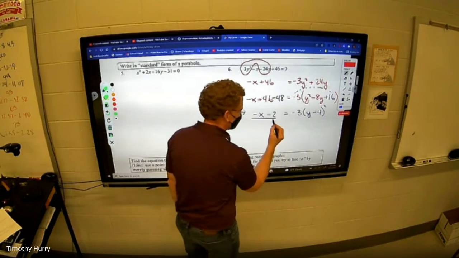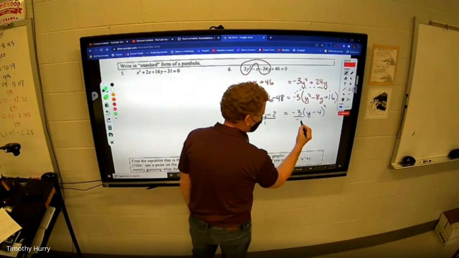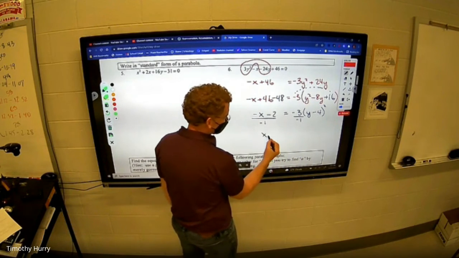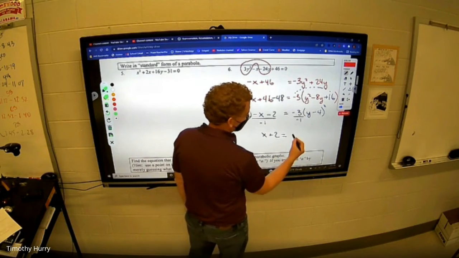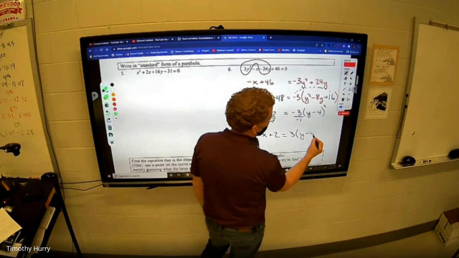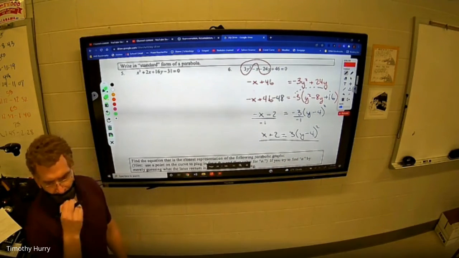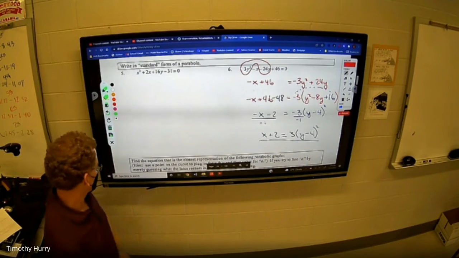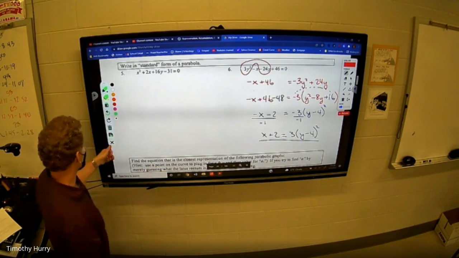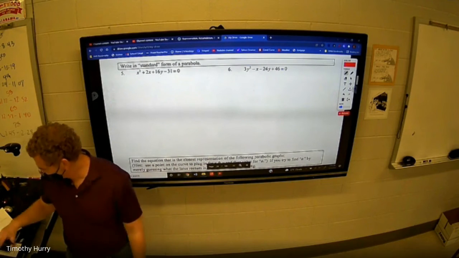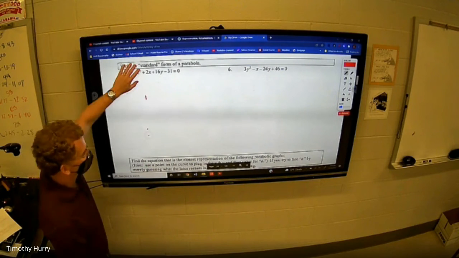So if I divide this by -1 and that by -1, this gives me x plus 2 equals positive 3 times y minus 4 squared. Not too bad. Last thing. Oh, we're actually in a good place.